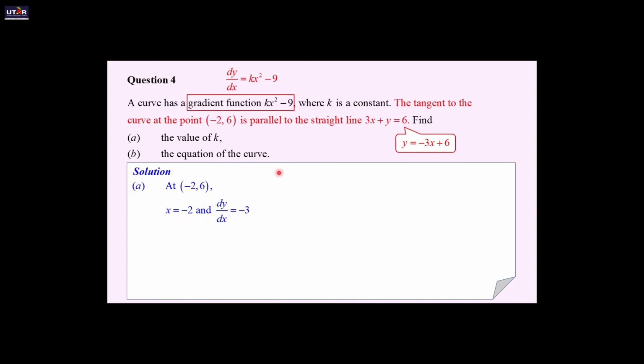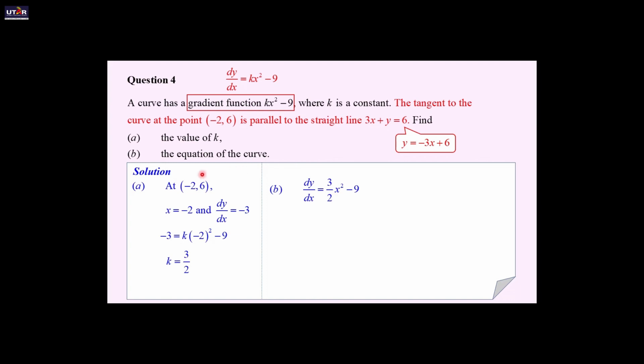Substitute this information into the gradient function. We replace dy/dx with -3, and also we replace x with -2. By solving the equation, k will be equal to 3/2. By rewriting the gradient function, we have dy/dx is equal to 3/2 x squared minus 9.